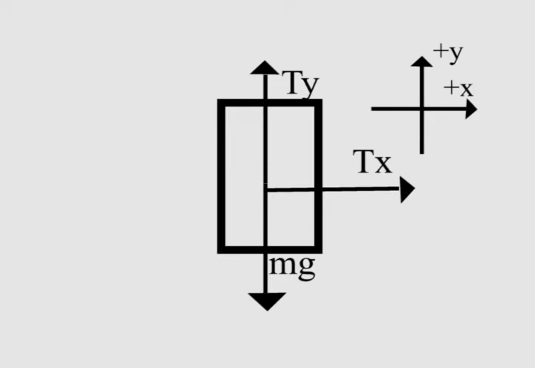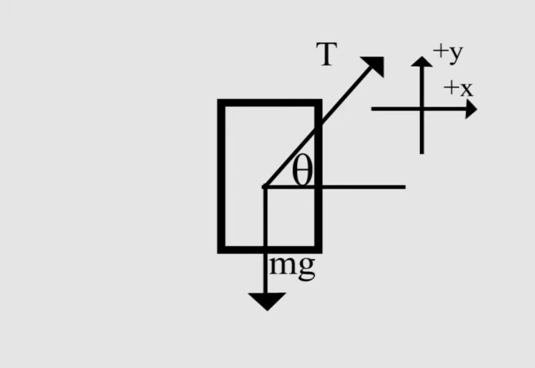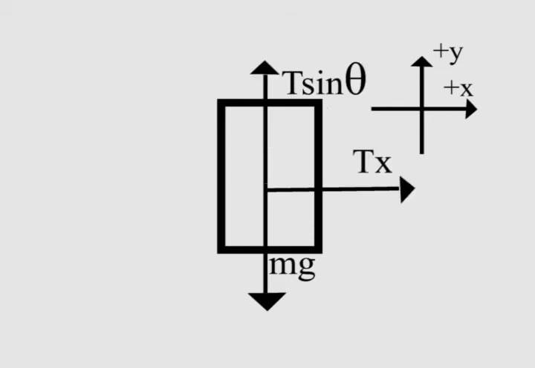In order to do this, we're going to use the angle given to us of Tarzan's rope swing and a little bit of trigonometry to reduce the components to a vertical T sine theta and a horizontal T cosine theta. Now that we have the force broken up into components, we can continue on with the rest of the problem.